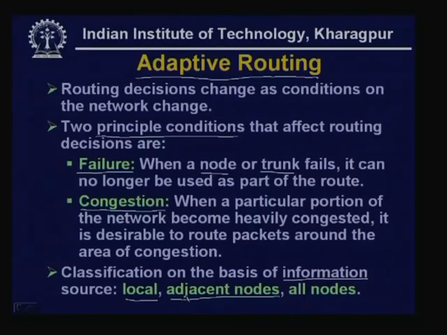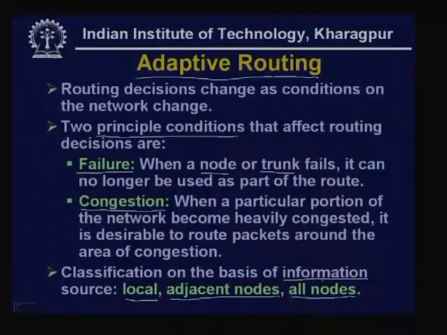In such a case, we call it information gathering from adjacent nodes. Another alternative is that information can be gathered from all nodes. In a packet switched network, there may be many nodes, so each node will gather information from all other nodes. In such a case it is more global. Obviously, whenever it is more global, more information has to be gathered.